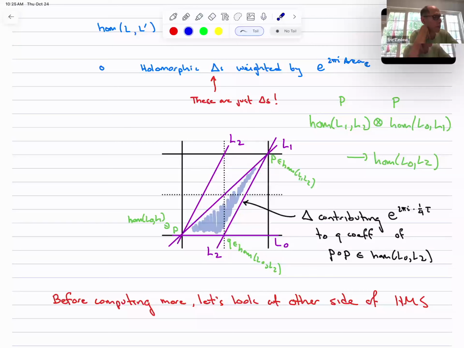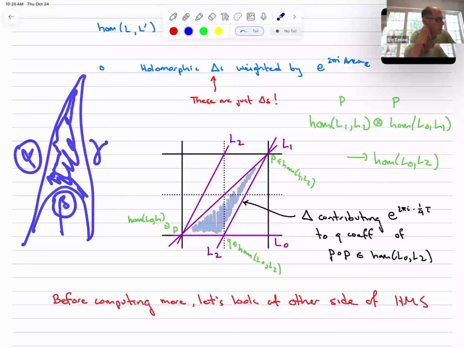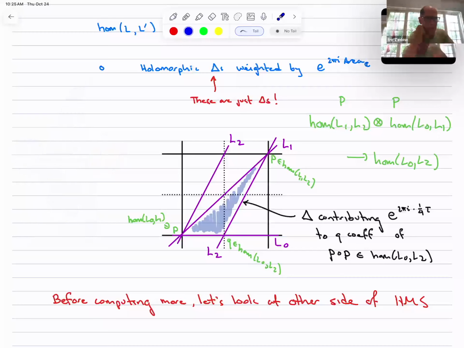They were the boundary conditions of these configurations. You had alpha, beta, gamma, and these holomorphic triangles satisfied those boundary conditions. For us, alpha means line of slope 0, beta means line of slope 1, gamma means line of slope 2, or maybe 2, 1, 0.